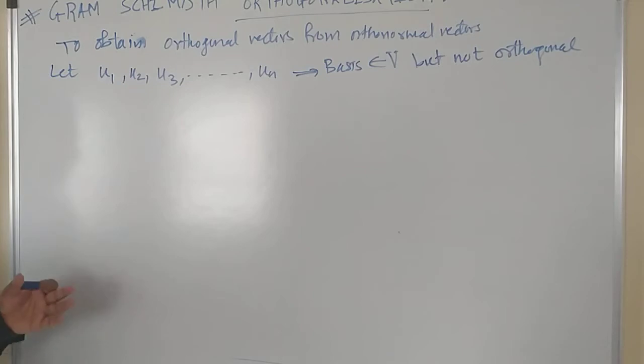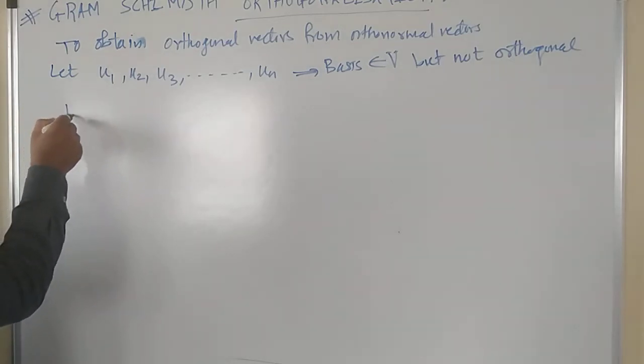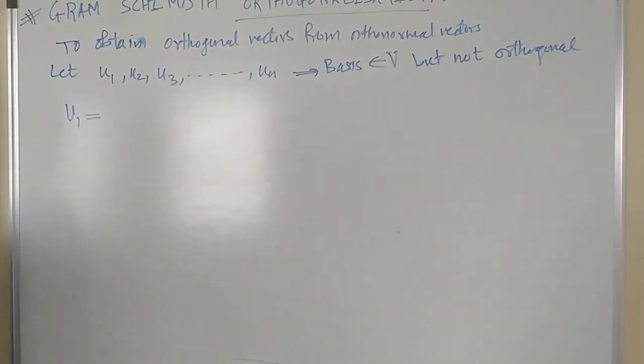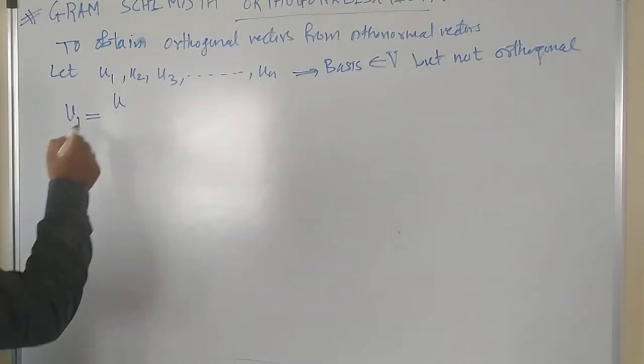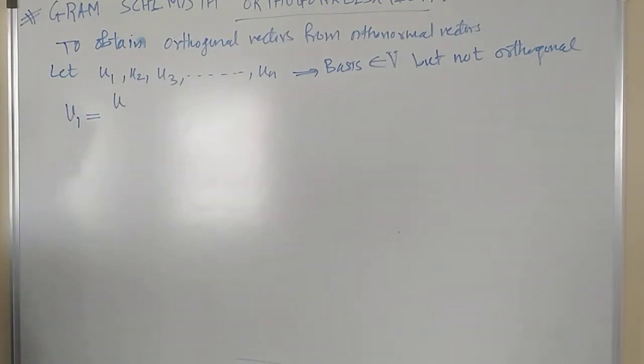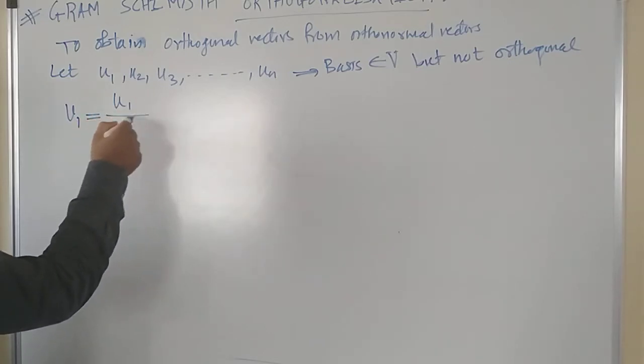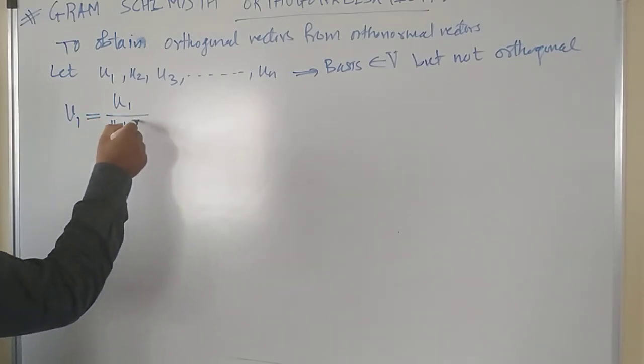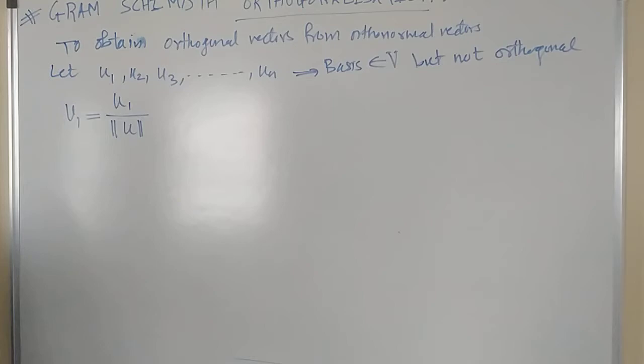There are some basic three formulas only. To calculate the first vector v1 from u1, v1 is equal to the vector itself divided by the norm of the vector u. So this is the first step.